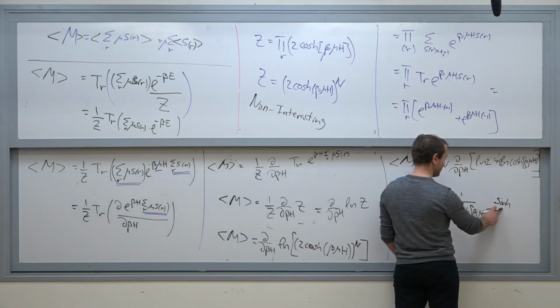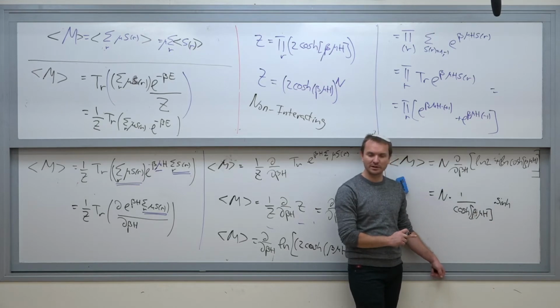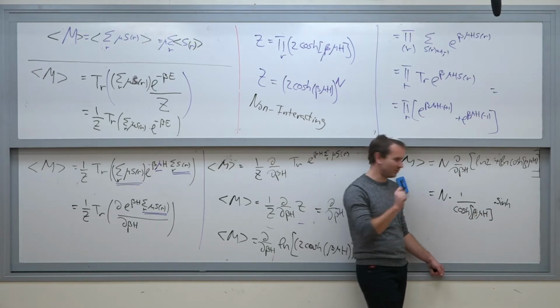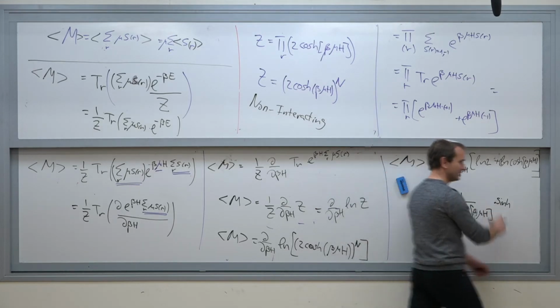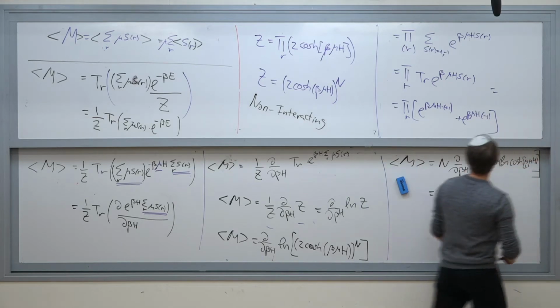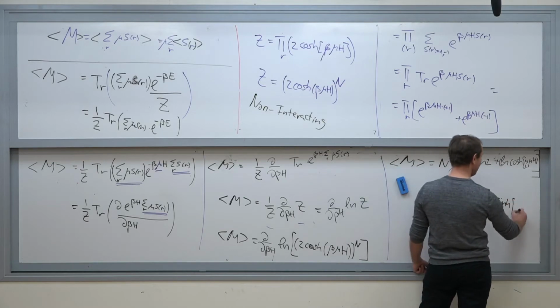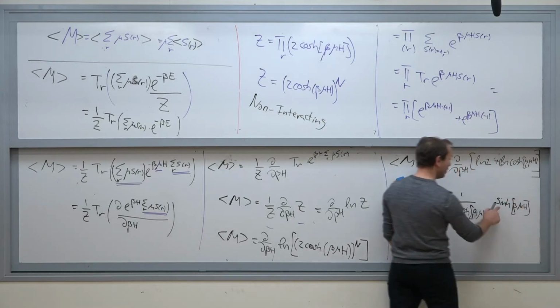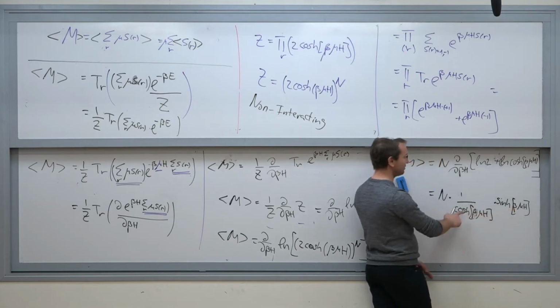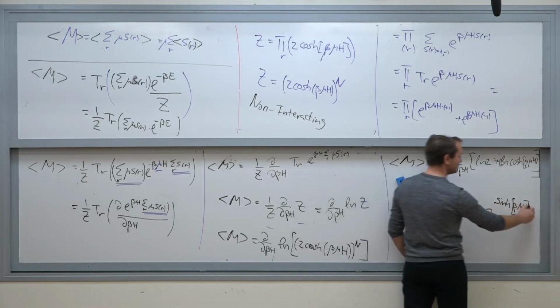You know what a hyperbolic cosine is, right? Yeah, okay. So it's a hyperbolic sine of beta mu h, multiplied by mu, because I have taken the derivative with respect to beta h.